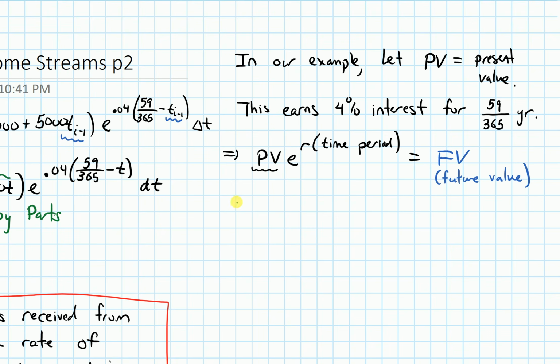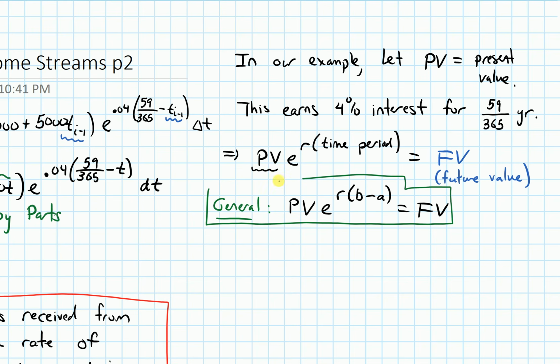Okay, so I'm now going to write this formula in a more general way. In general, this will look like present value times e to the r, and I'm going to denote my time period as my ending time, B, minus my starting time, A. And that is equal to FV, the future value. Let's box this.